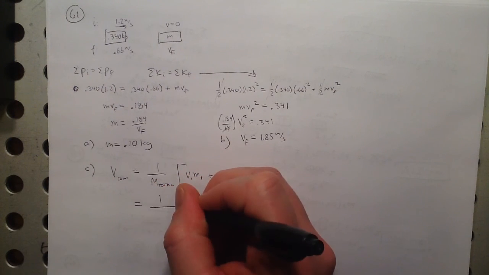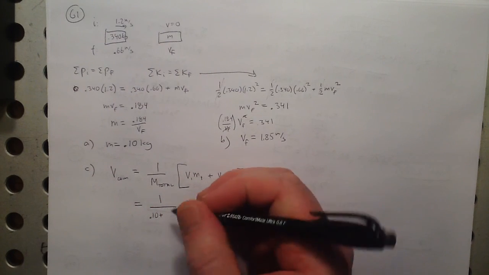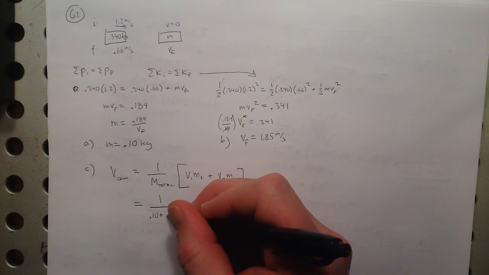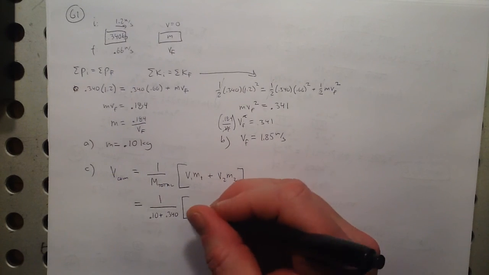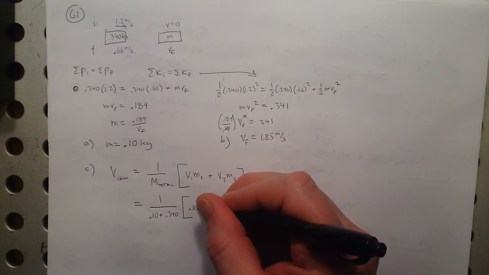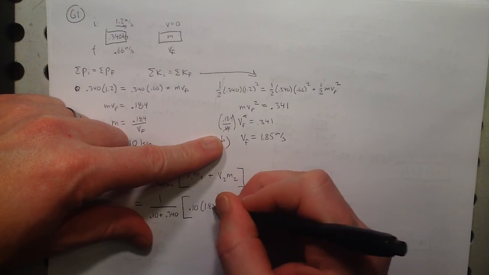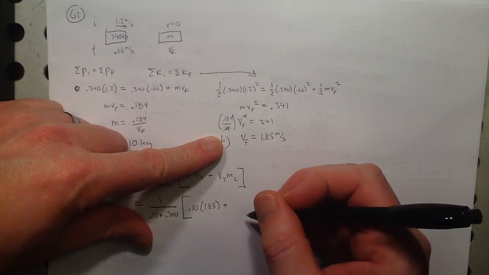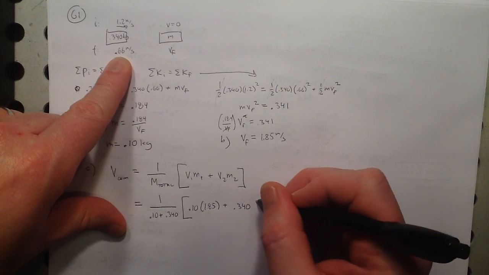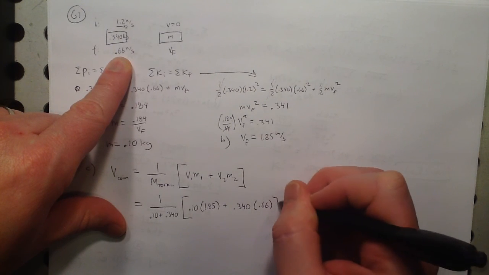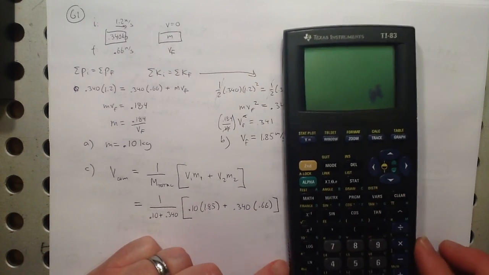I'll use my numbers and then we'll see how we compare to the book. 0.10 plus 0.340. And then after the collision, the 0.10 kilogram cart has a velocity of 1.85 meters per second. And the other cart has a mass of 0.340 times its velocity after the collision, 0.66. That's how you do it, just like calculating the center of mass.